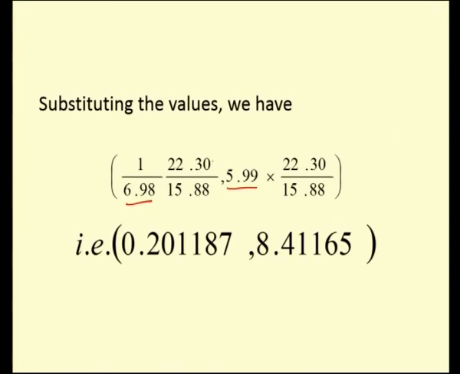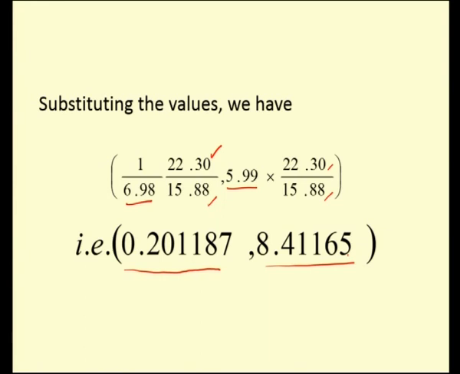You have already found S2 squared and S1 squared. Take the ratio, then multiply with 1 divided by 6.98, and you will arrive at 0.201187. Similarly, 5.99 into 22.30 by 15.88 gives the value 8.41165.